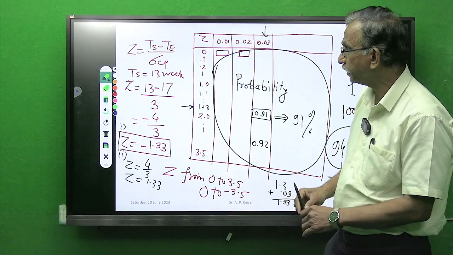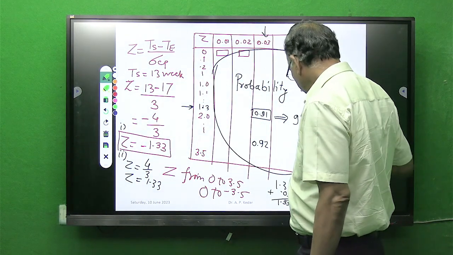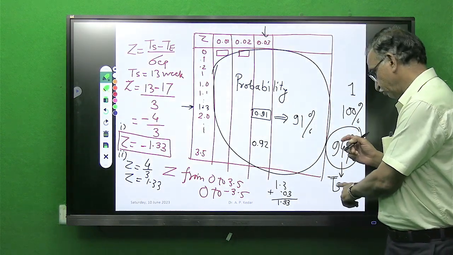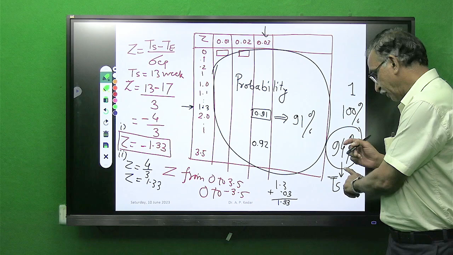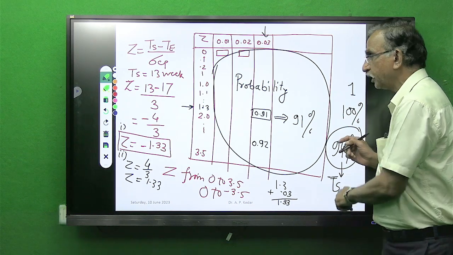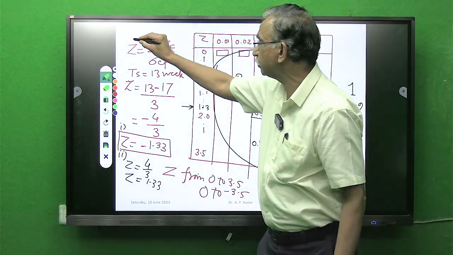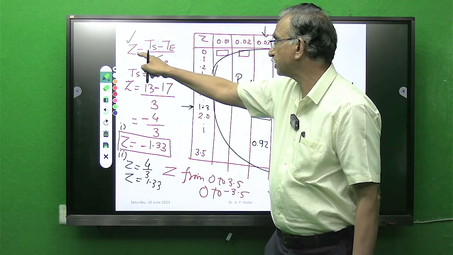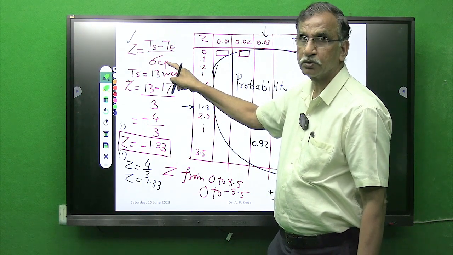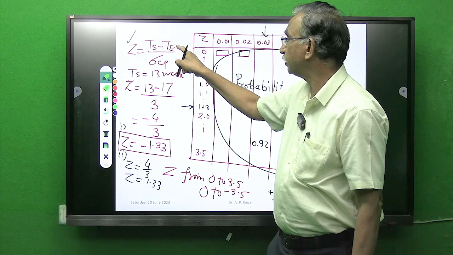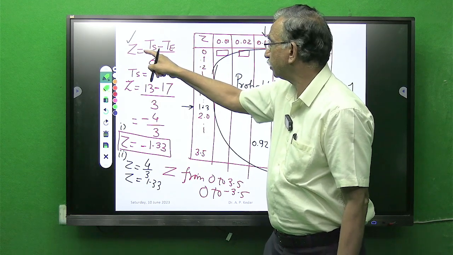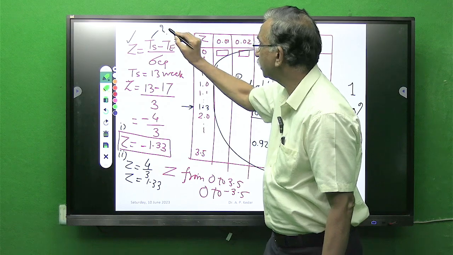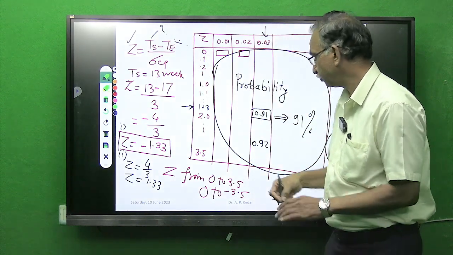We will find Z. We will go in the reverse direction. If probability is given, we are asked to find Ts. From 94% probability, first we will find Z. We will put the value of Z over here. We know sigma critical path. We know this Te. From this, only Ts is unknown, and in that way we will find the value of Ts.